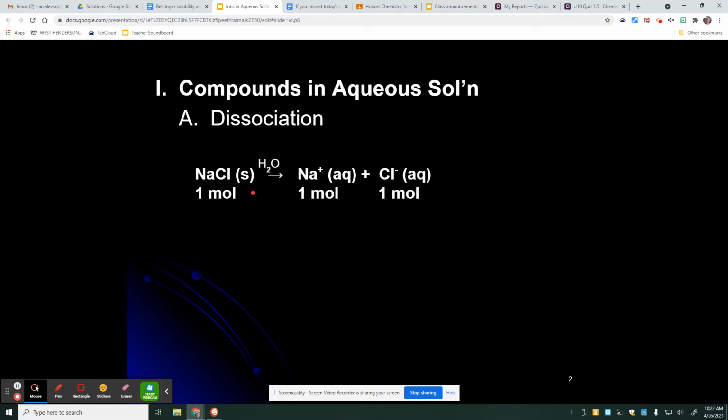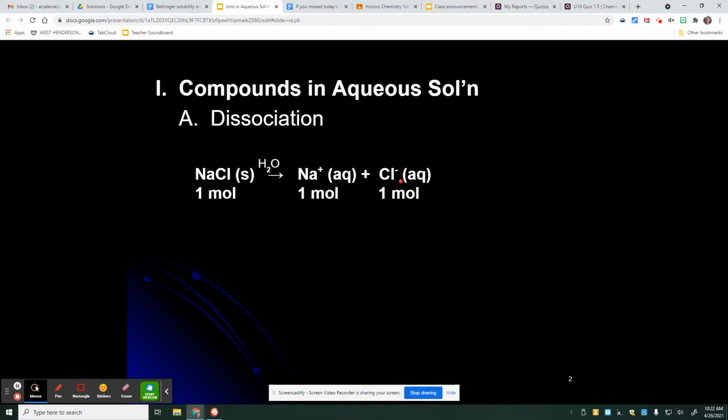Now, this is a chemical equation. It is valid. It's just one that we haven't written before because these are ionic or ionization reactions, another word for dissociation. So we're showing how it splits into its ions. So you should have charges over here since these substances or pieces will have charges as they dissociate.